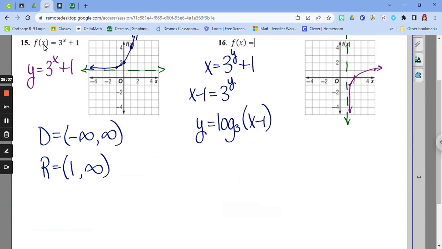That's what your Desmos graph should look like. Again, definitely use Desmos to come up with these. So now all I have to do is switch these two. My domain is now approaching 1, and my range is all real numbers. Domain and range switched. That's all we have to deal with.